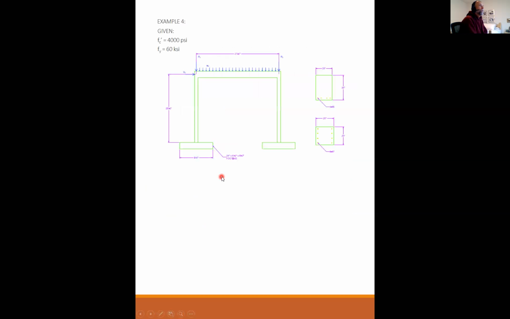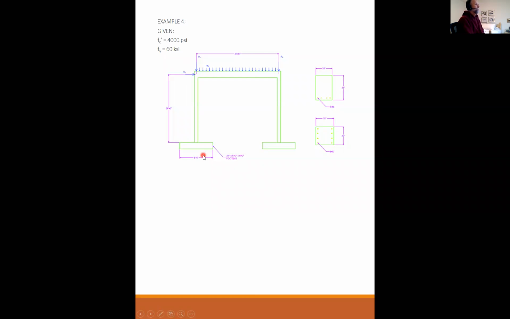Starting now. Okay, so example 4, here's our frame. F prime C is 4,000 PSI, F sub Y is 60 KSI, and I'm using the same section properties, 20 by 20, 8 number 7s, 20 by 36 with 4 number 8s. I've got 27 feet center to center, 26 feet. This frame column is fixed to the footing.